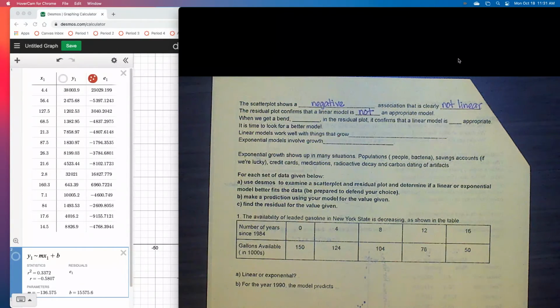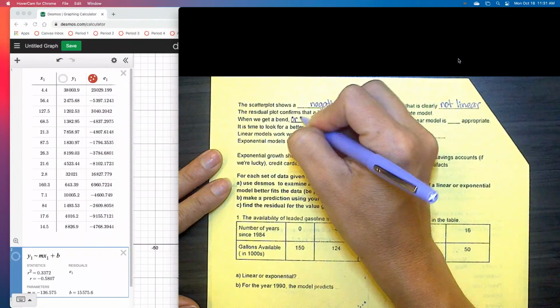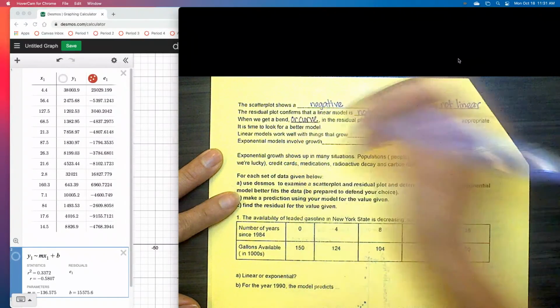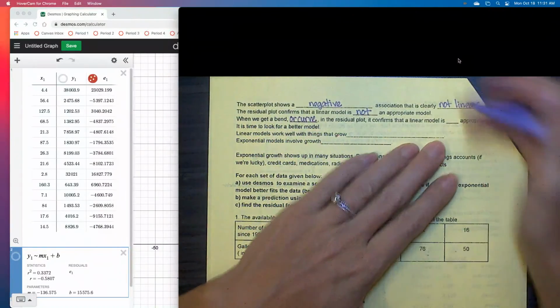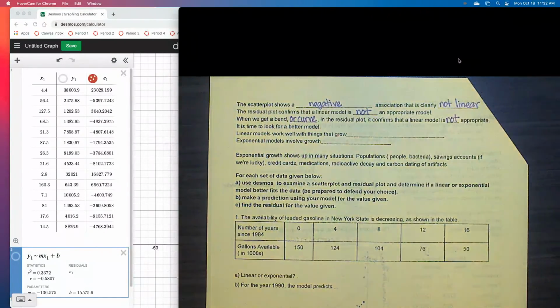When we get a bend or a curve in the residual plot, it confirms that the linear model is not appropriate. So when we have that, it's time to look for a better model.